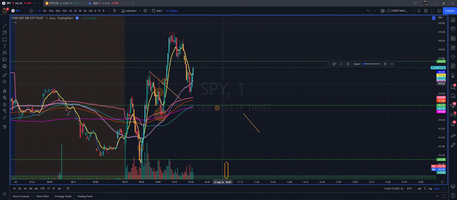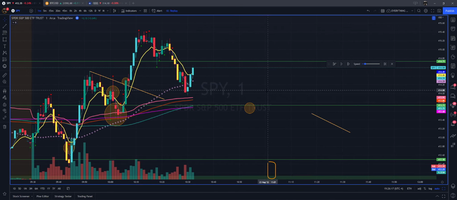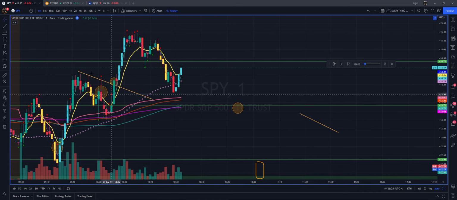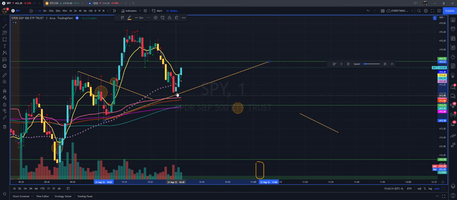Alright, so in this case, it looks like it wants to break the 50 moving average. And then we also find that there's a trend line right here. You can see it just from this wave. This wave got bounced right here, so there should be a trend line. And I was waiting.